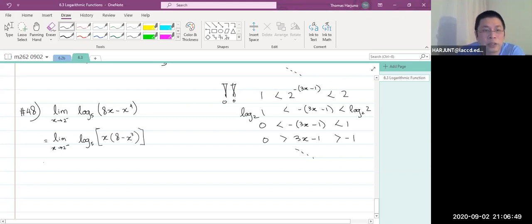Okay, so this is equal to limit x approaching 2 from the left hand side of log base 5 of x plus log base 5 of 8 minus x cubed.